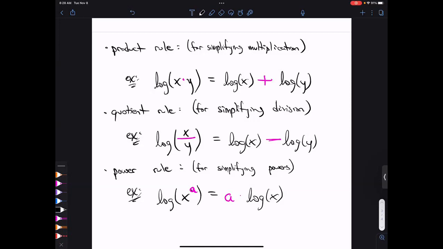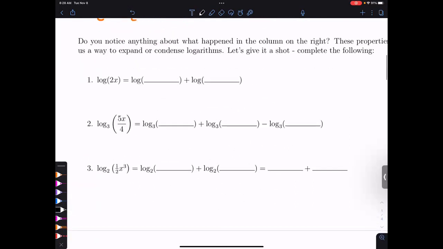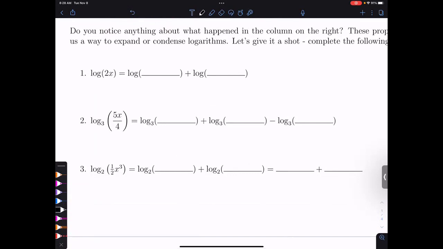Okay, so let's take a look at these 3 examples, and then we'll spend some time working those practice problems. So our goal here, if we're trying to expand a thing, is to take it as far as we can get it, right?